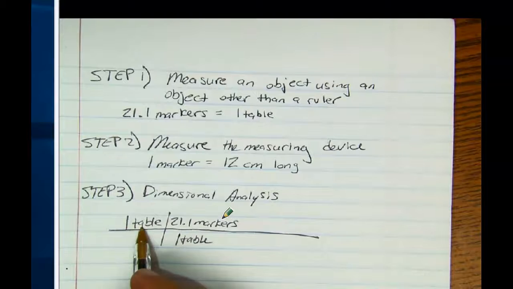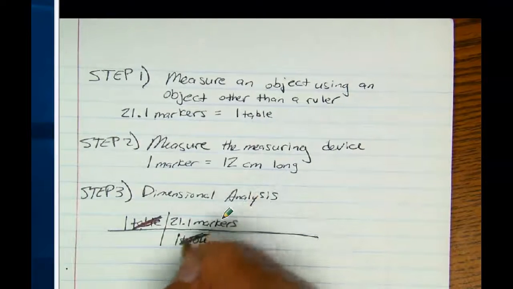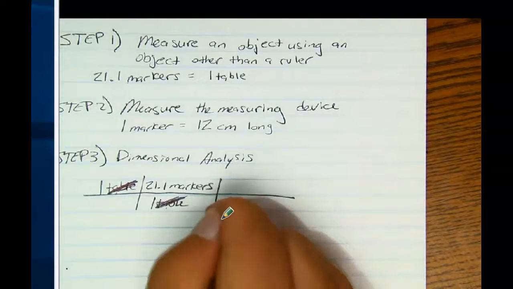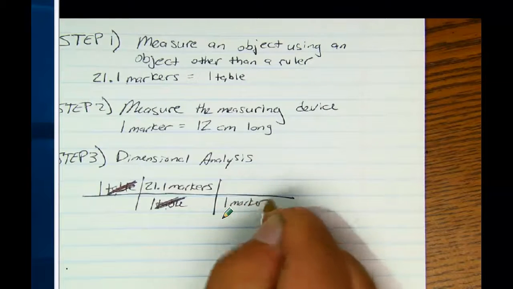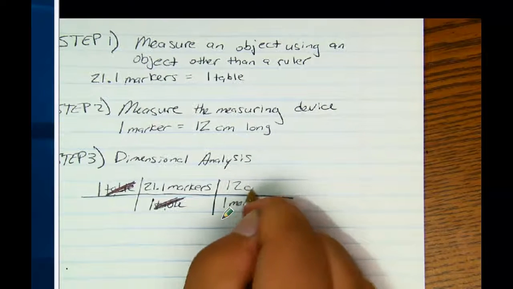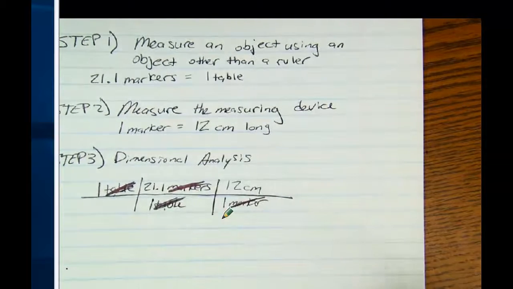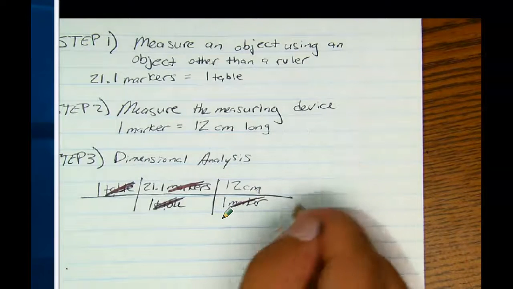And I have table on top. I'm going to have table on the bottom. So those two cancel. And then I'm going to have marker on the bottom. One marker equals 12 centimeters. So my markers cancel with my markers. And all I have to do is solve because all I'm left with is centimeters.